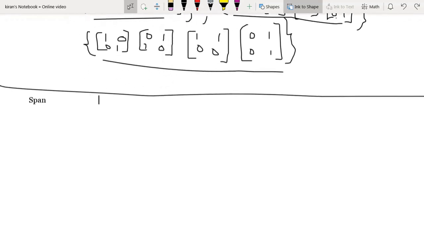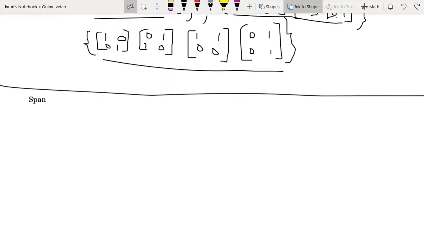Let's start with the span of a vector space. Now suppose I have a subset of vectors.